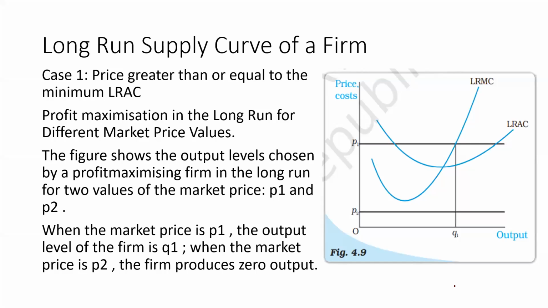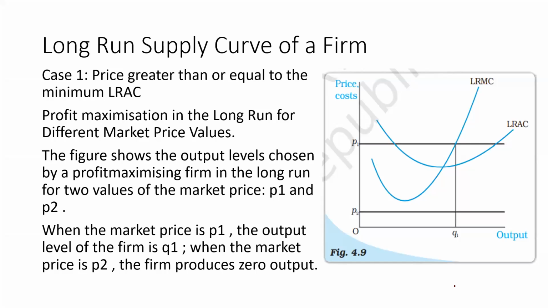You have studied this concept under the third condition. In the short run, the price should be greater than the average variable cost. In the long run, the price should be greater than what? What does the third condition explain? Yes, the price should be greater than the average cost.